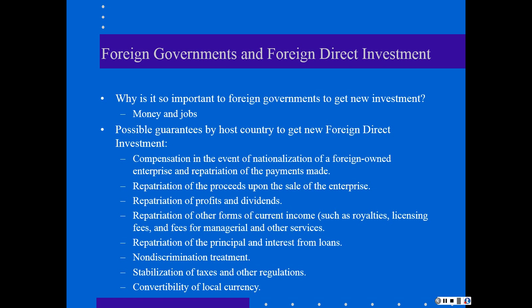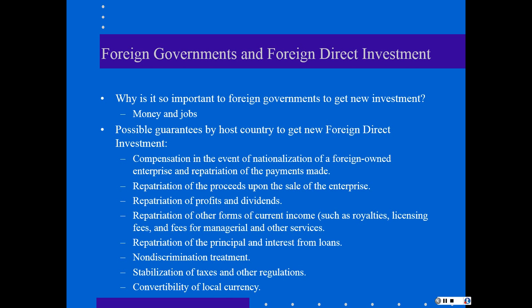There may also be guarantees of repatriation of other forms of current income, like royalties or licensing fees, fees for managerial and other services, or repatriation of the principal and interest from loans. These are key agreements and key concessions that are made by the foreign country in order to secure foreign direct investment.